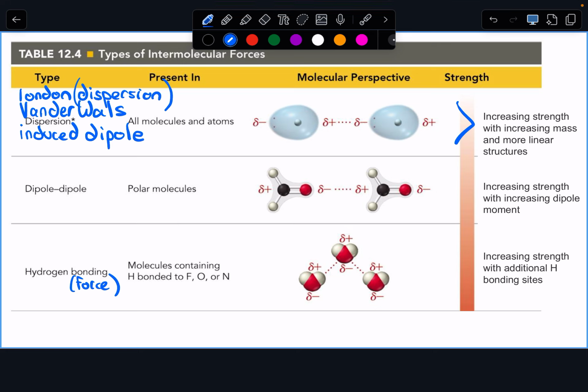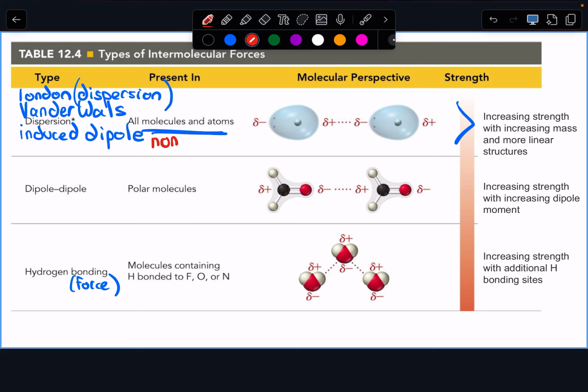Important to know, the weakest ones actually happen in all molecules. Every single molecule has these forces. It's just that for some molecules, these are the only forces they have. Those molecules are nonpolar molecules.